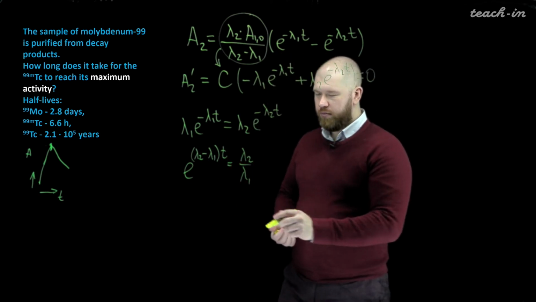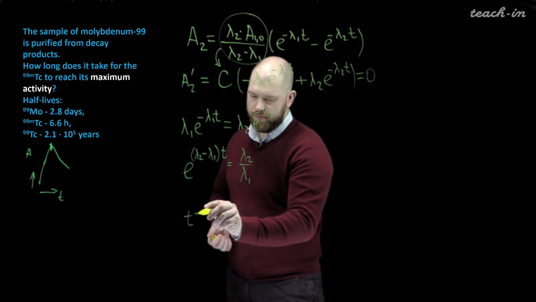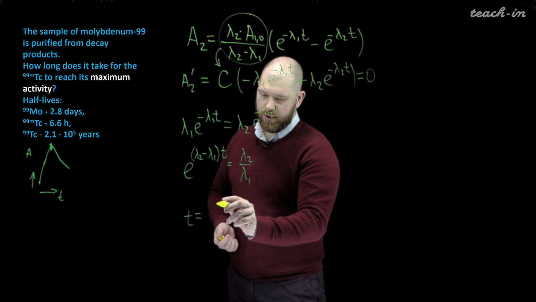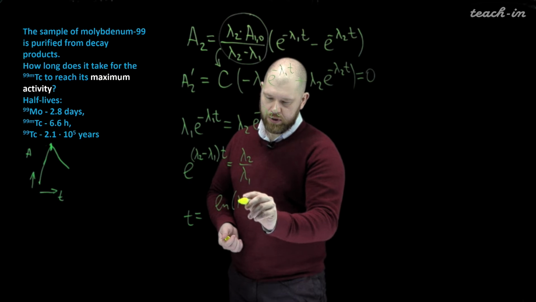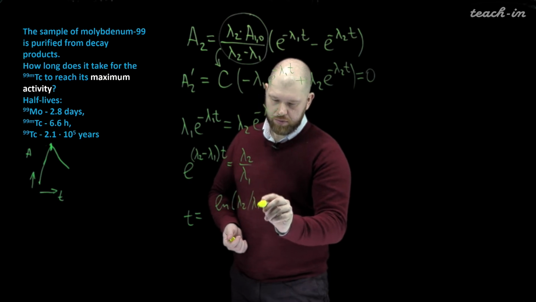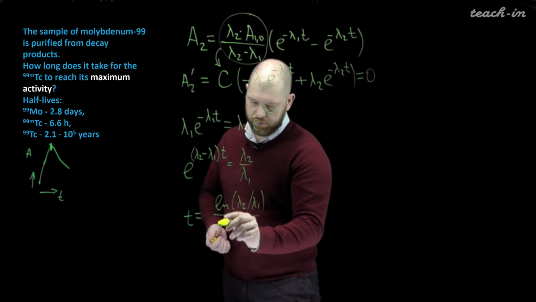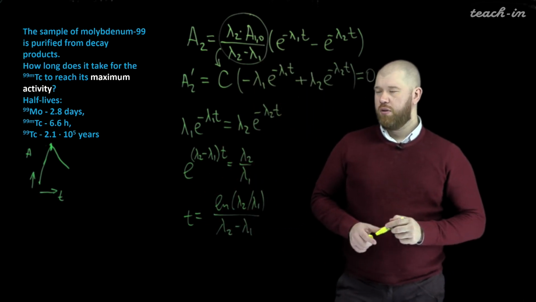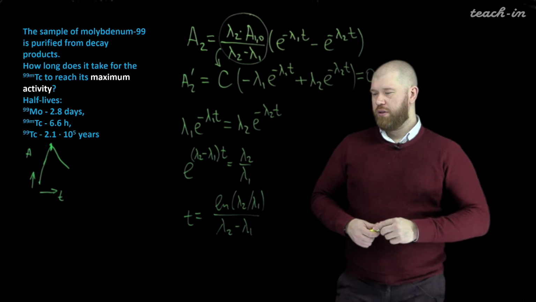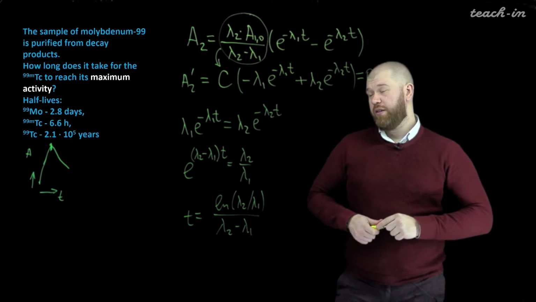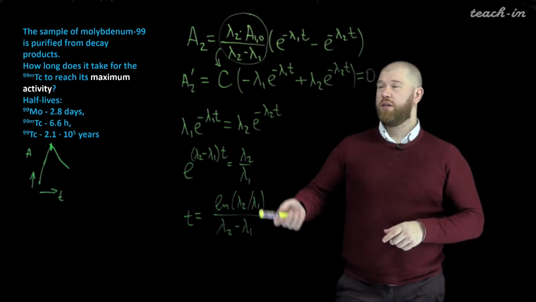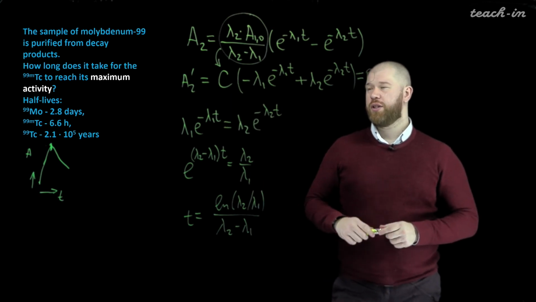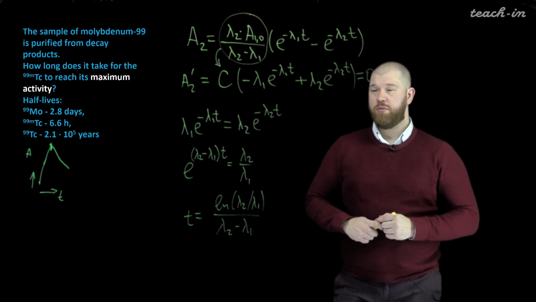And finally, we take the logarithm, and t will be equal to this. So finally we got an expression to find the time where the activity of our daughter radionuclide will be maximum.